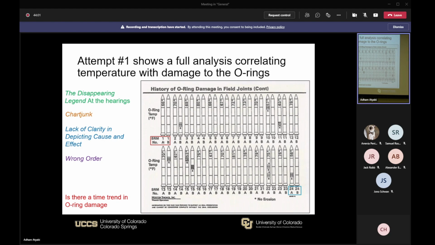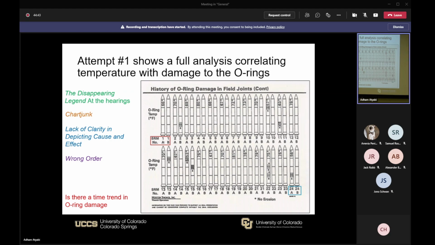The other problem is the lack of clarity in depicting causes and effects. Turning the temperature numbers sideways obscures the causal variable. And sloppy typography also impedes inspection of the data as numbers brush up against line art. The O-ring damage is depicted by little marks, scattered and encoded, rather than being totaled up into a summary score of damage for each flight.